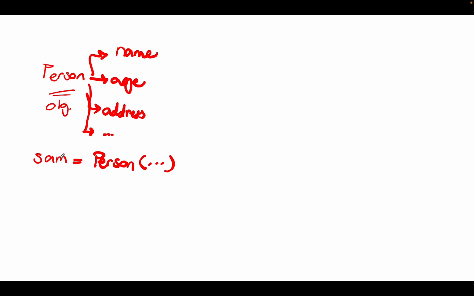Now, Sam is a person who has a name, and then you can assign an age and an address to him. You can also go Sarah, that's with an H, is also a person, and let's not worry about what goes in the bracket. But Sarah is also a person, so Sarah also has a name, age, and an address, just like that.